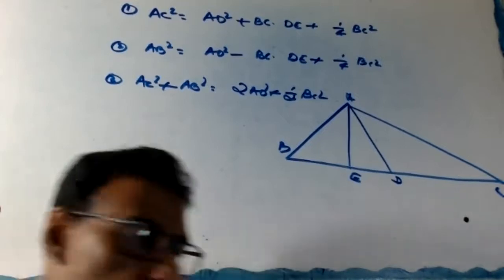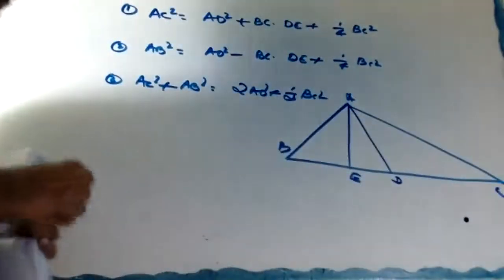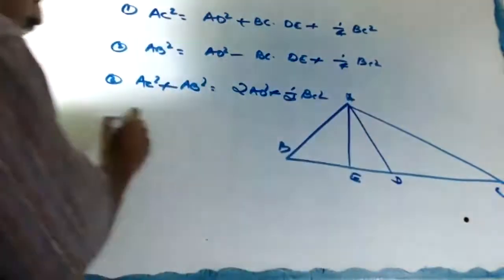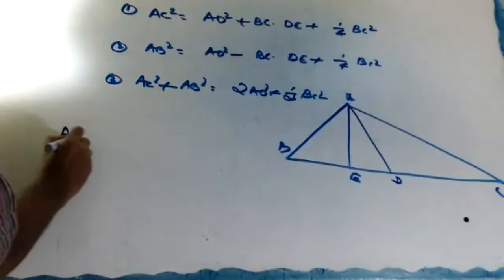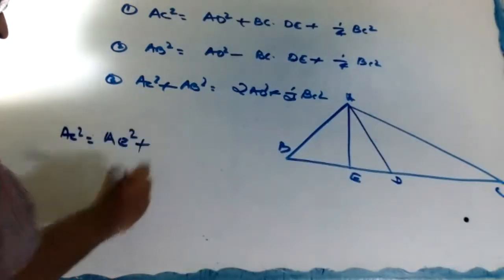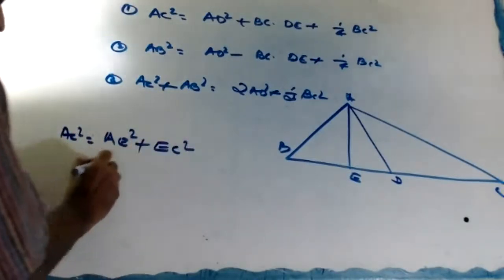Okay, look here now. Listen, it is a simple question. First of all, AC square in triangle AEC. AC square equals what? AE square plus EC square, right?